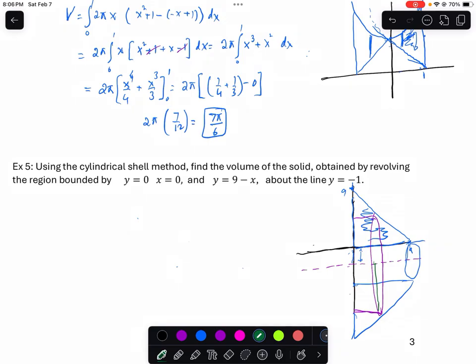So this one is x, and then we have plus 1. So the radius is 1 plus x or x plus 1, and the, wait a minute, y plus 1, right? Because we are revolving about the axis parallel to the x-axis. So it will be y plus 1 or 1 plus y.